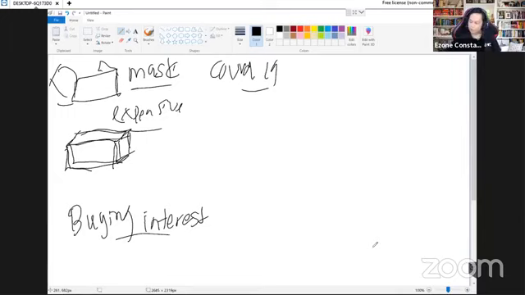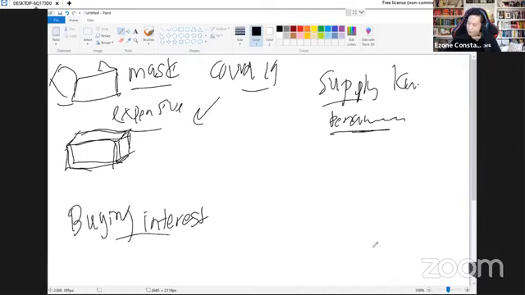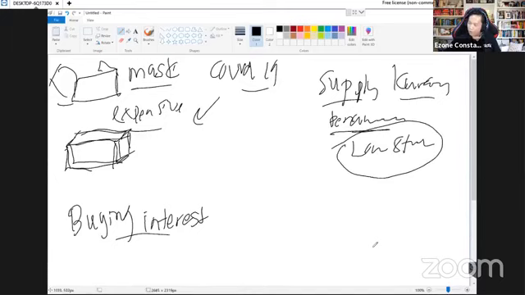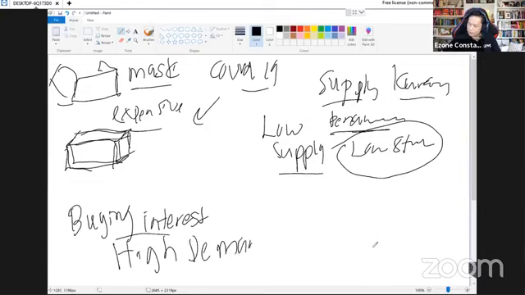Because at the time, the supply, okay, penawaran mengenai mask sangat apa tu? Kurang. It is a very, very low stock. When you have a very low stock or low supply, but high demand, what do you think happened to the price?